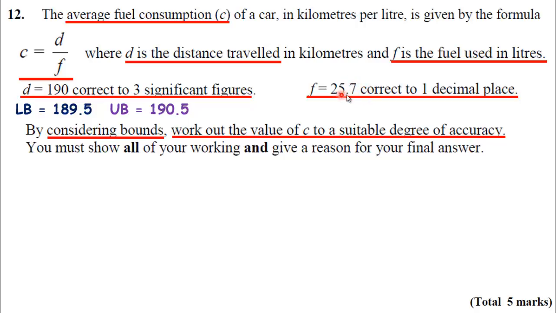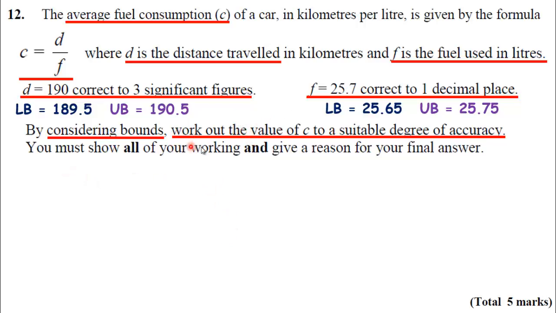So it's going to be 25.65 and 25.75. So let's put it down there so you could actually see what I mean. Okay, so that's its limits of accuracy, upper bound and lower bound for 1 decimal place. You should be familiar with this, and this should not take you too long to actually write down and work out, but always write it down.